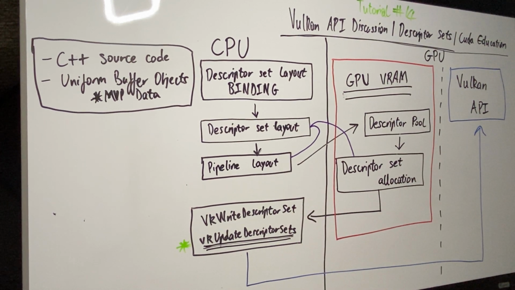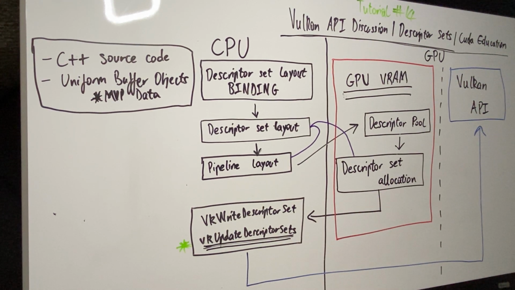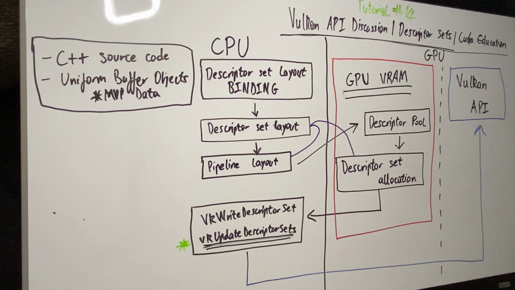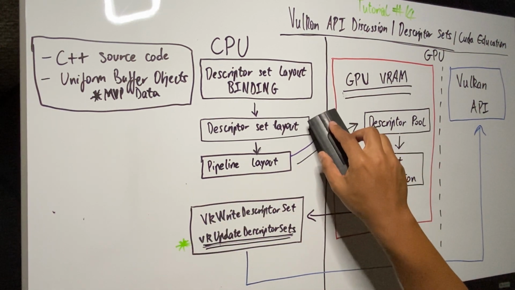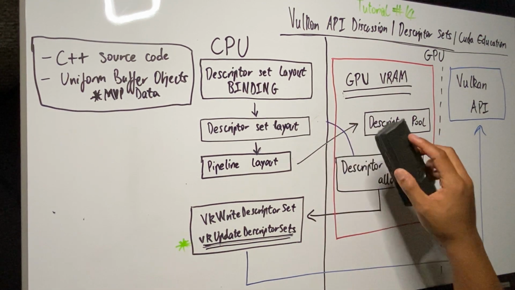So in the previous video and at the start of this video, I really emphasized the descriptor set layout, and it's because it's used in a pipeline and the descriptor set allocation, right? That's why we want to make sure our layout is done properly, because it's really the thing that a lot of other things use. I'm going to erase it though, because it doesn't make my picture look nice and clean, and I like nice and clean.